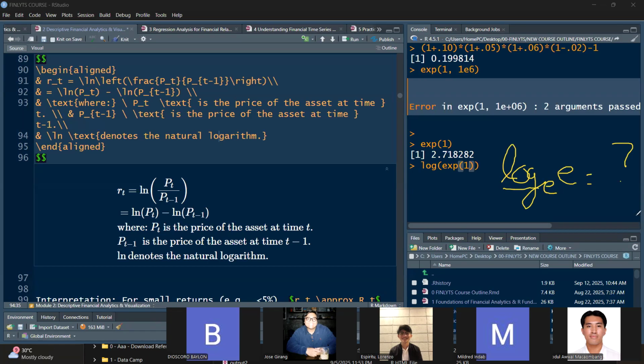It's not 10. If you want to use 10, then you'll have to specify. So what number is it that when e is raised to that number will give you e? Of course, the answer is 1. So e to the 1 is equal to e. That's why R is giving us log of e equals 1.